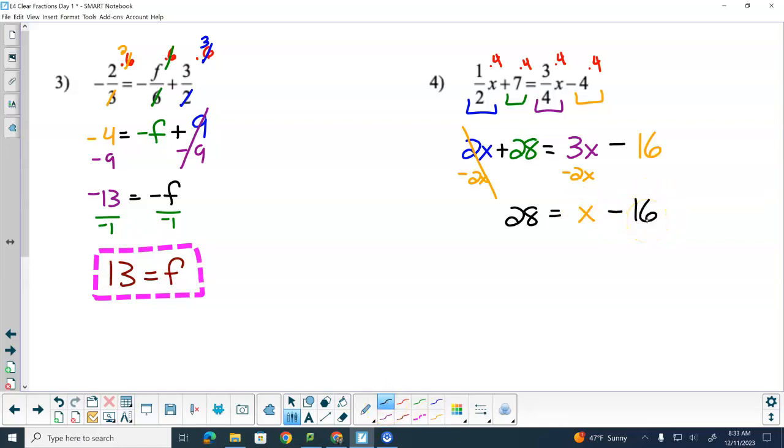How am I going to move that, finish this off? Add 16. So that's 4, carry the 1, is 44. 3, 9.